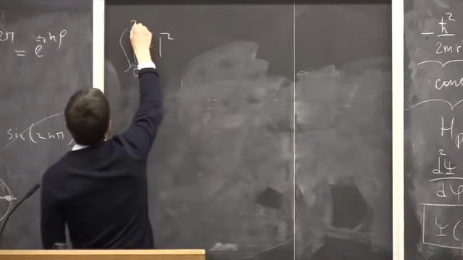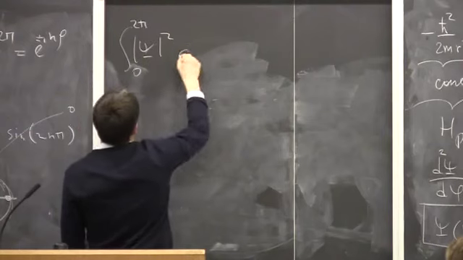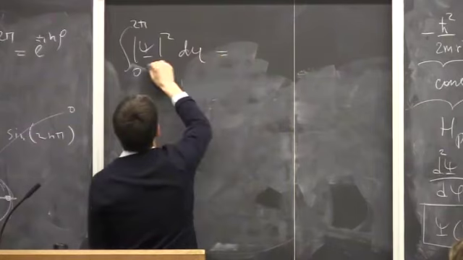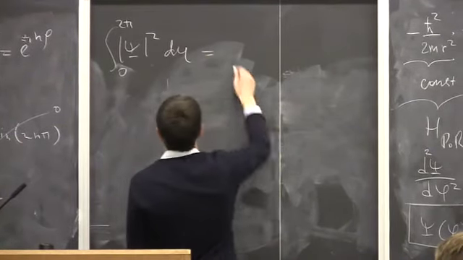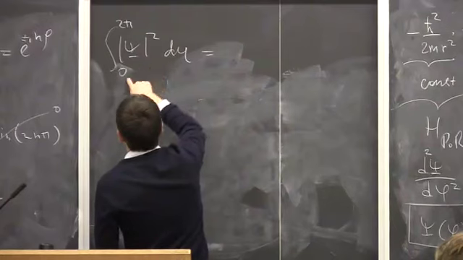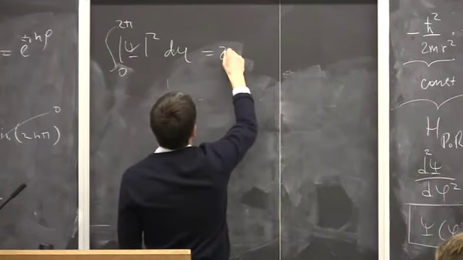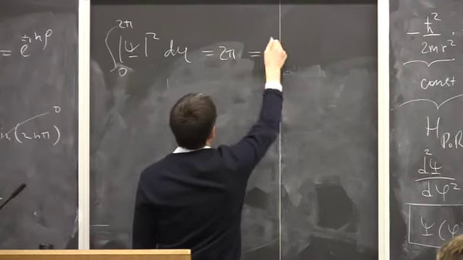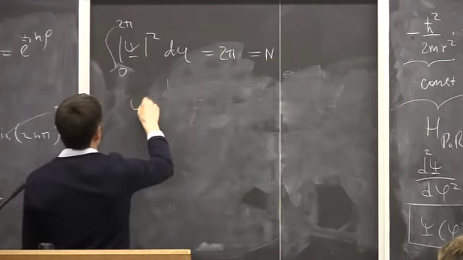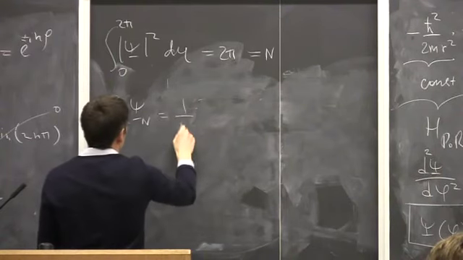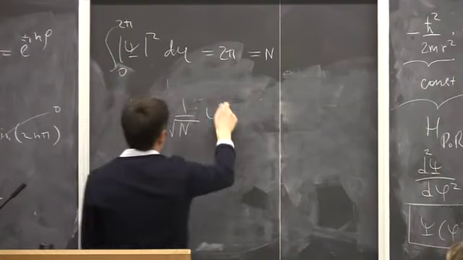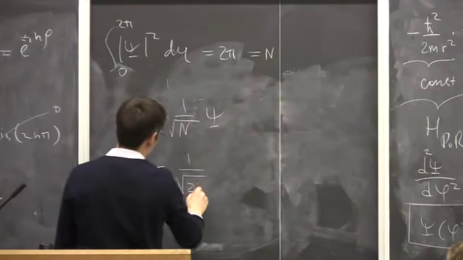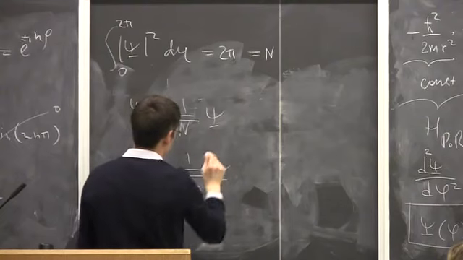And in polar coordinates, we integrate between 0 and 2 pi, right? So the unnormalized function gives you 1, meaning the integrand is 1, you just integrate from 0 to 2 pi, and then you get 2 pi. So that's your normalization constant, and the normalized function then will be 1 over the square root of 2 pi times the function.